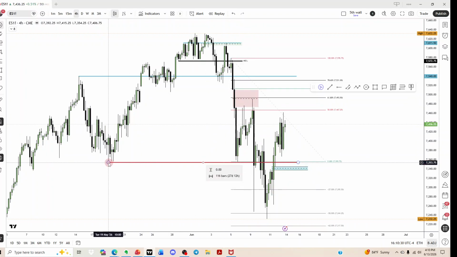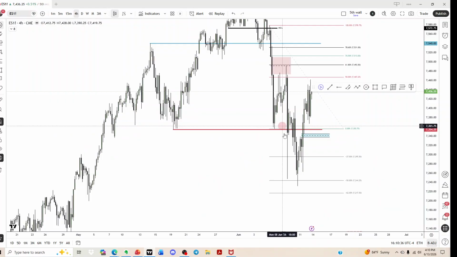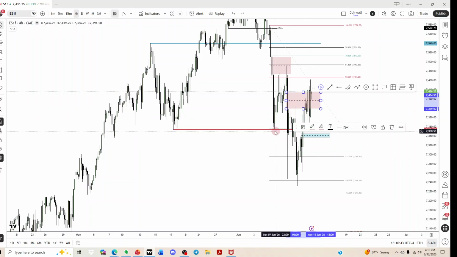These relative equal lows here. External range. So external range, then we got internal range again. External range is to take the running of these relative equal lows.